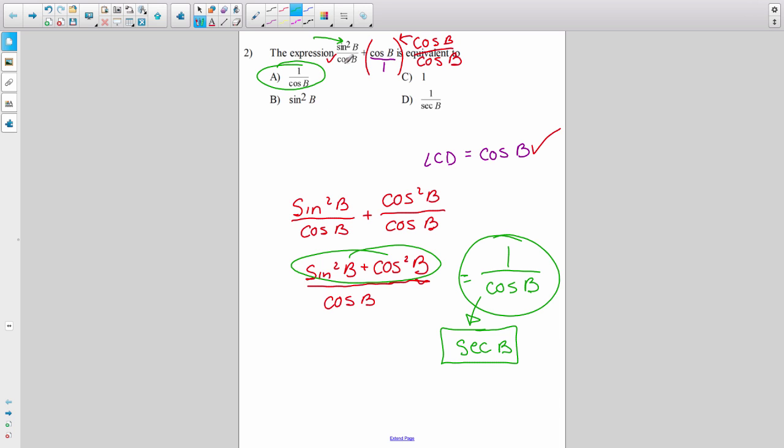So we went back to basics and said, okay, we're adding two fractions. Let's get common denominators, and let's see if that helps. And in fact, it did. It brought us to this Pythagorean identity, which we set equal to 1, and our common denominator was cos, and that's choice A. Maybe you might want to take it further and say, I recognize this as a reciprocal. It's actually secant. All right, very good.